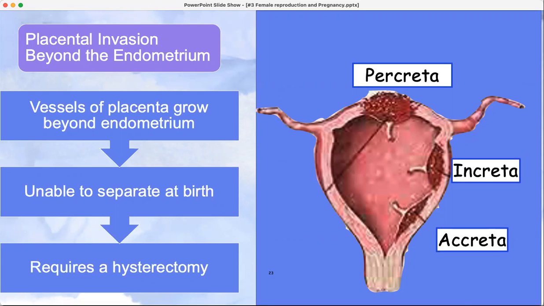And if the placenta does not separate at birth with gentle tugging and uterine contractions, then this requires a hysterectomy. And then this incidence increases a lot more with women with multiple pregnancies, scarring.